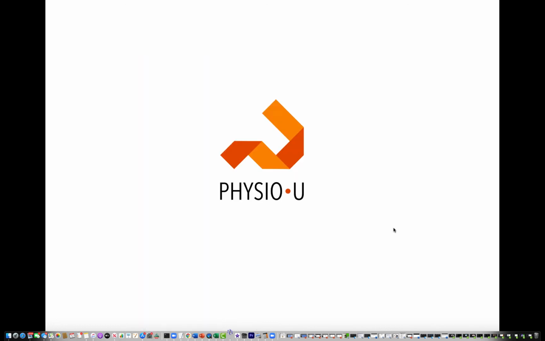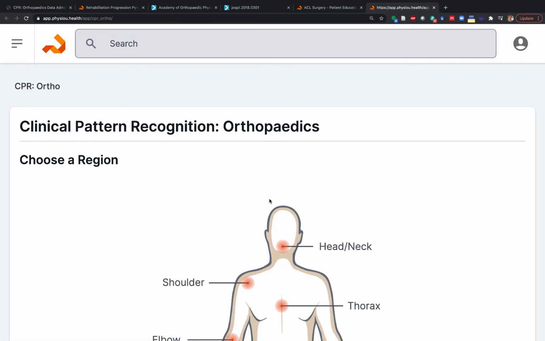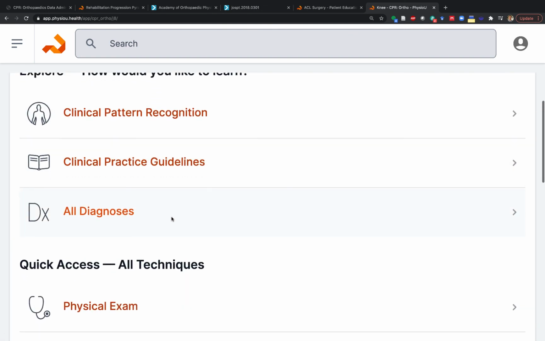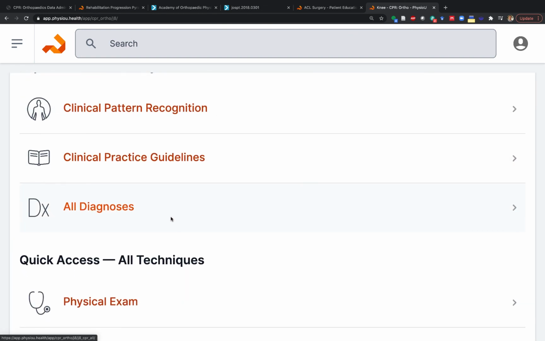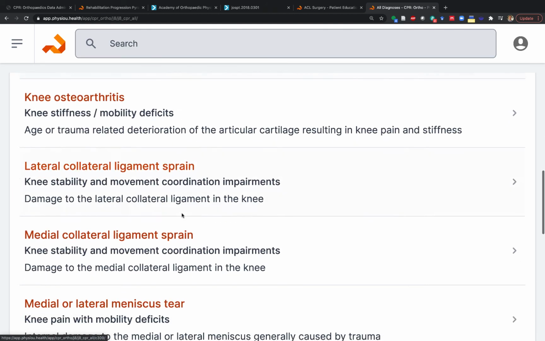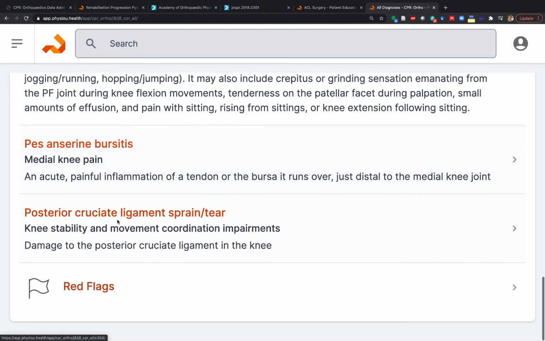And if we go to PhysioU, let's just take a look. We don't have to go through the entire thing because, besides the testing, the concept is almost essentially the same as ACL. Okay, so if I go to all diagnosis, I look at posterior cruciate ligament tears.